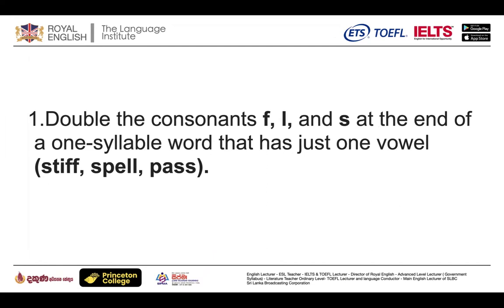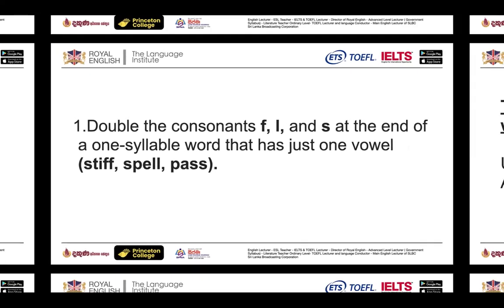Spell, pass, likewise. You cannot use PAS, right? So double the consonants F, L, and S at the end of a one-syllable word that has only one vowel. In each of these words there is only one vowel, right? Let's go for the next one.